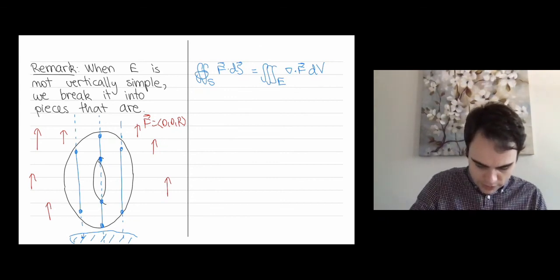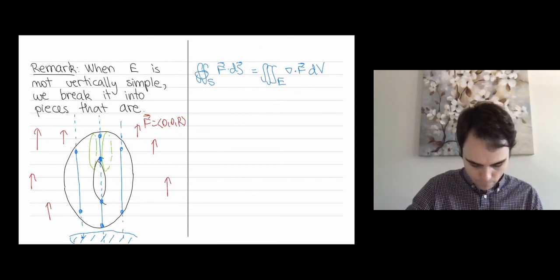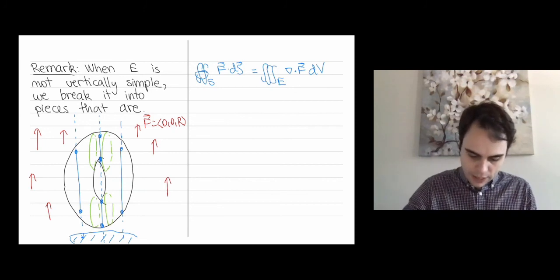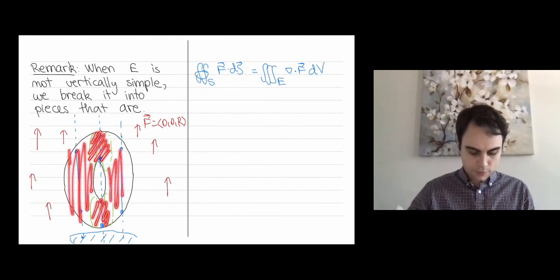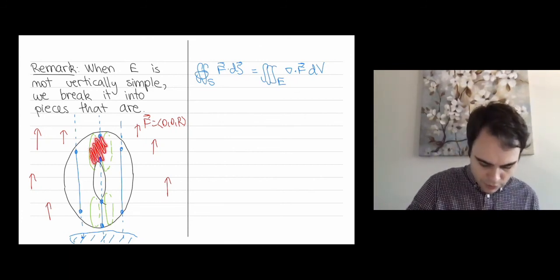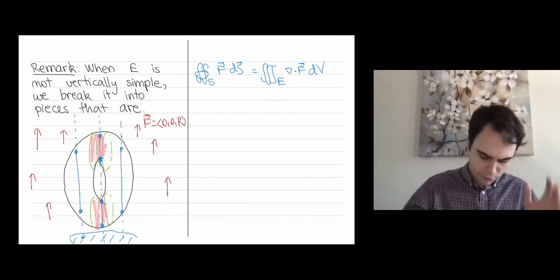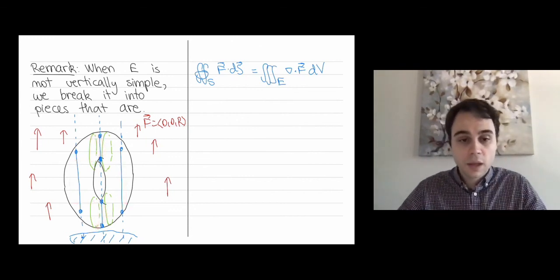Right here, I could cut it along lines like this. Then I would have this piece, and these two sides. So if I cut it with vertical lines like this, then I would know the theorem is true for each of these four pieces.